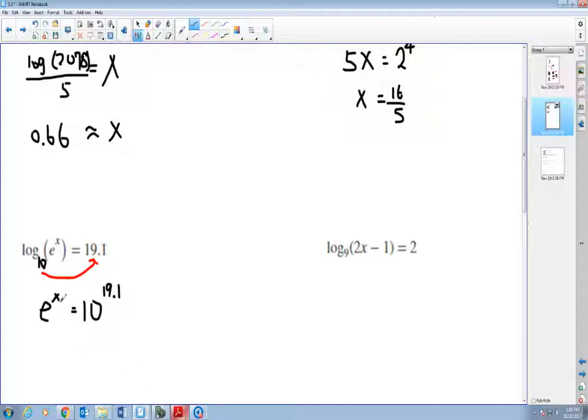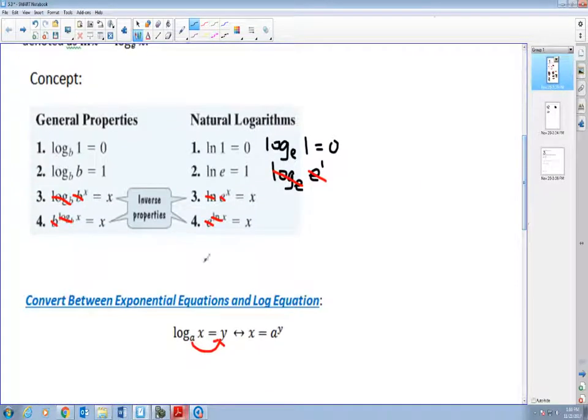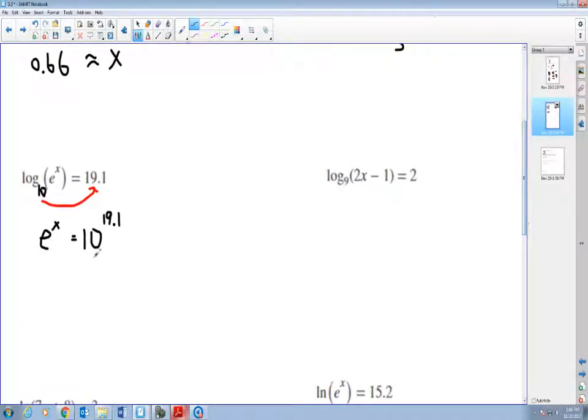Alright, now how do I bring this x down? Because this variable x is in the exponent. So here is where these properties come into place. I know natural log and e can cancel each other out. So if I take a natural log on both sides, natural log and e will cancel out, leaving the x.